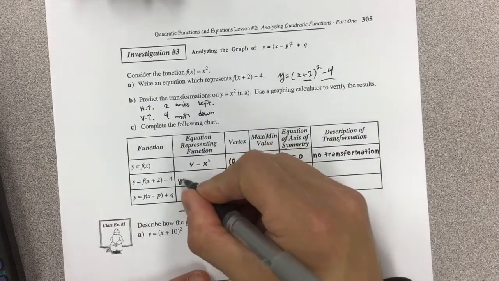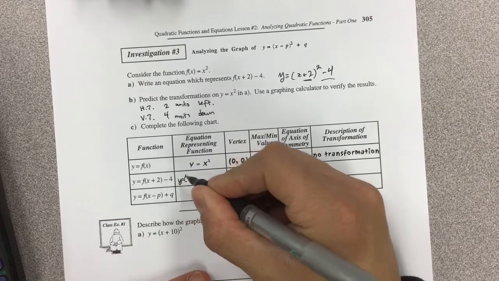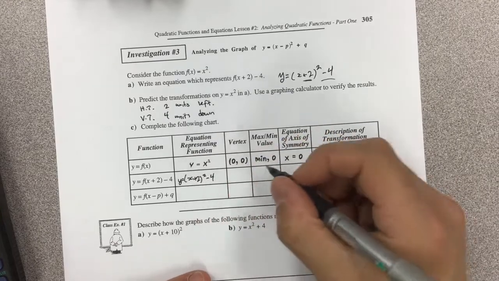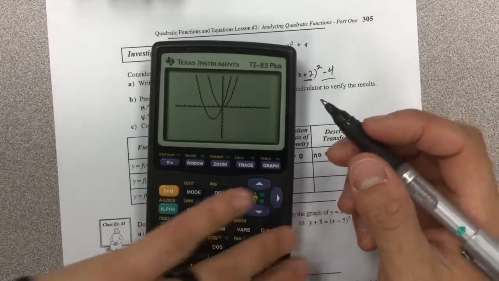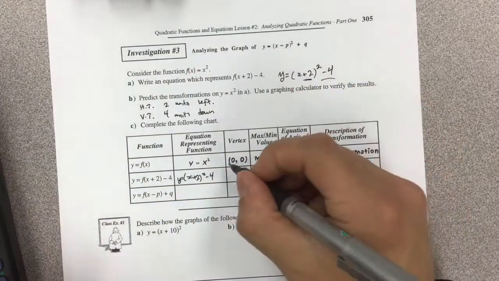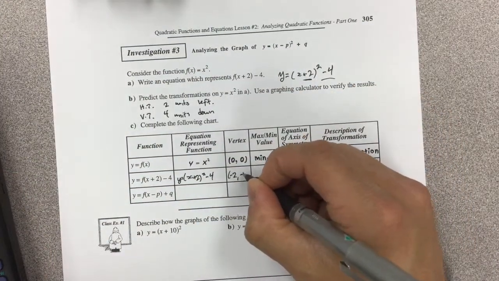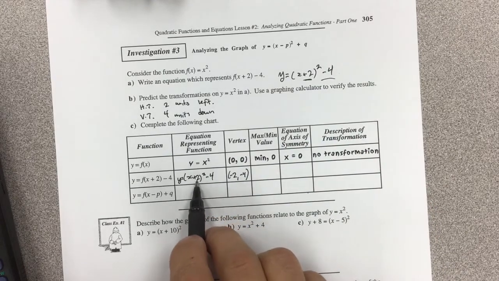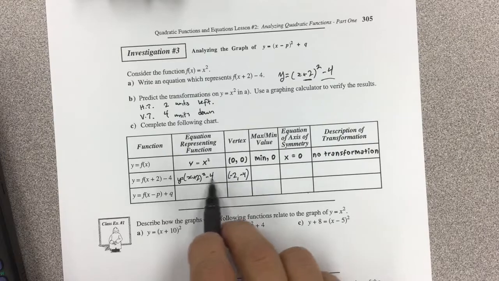All right, so my new function was y is equal to (x plus 2) squared minus 4. My vertex now is at -2, -4. If we look at this, that is found in our equation. This is the equation of our vertex.